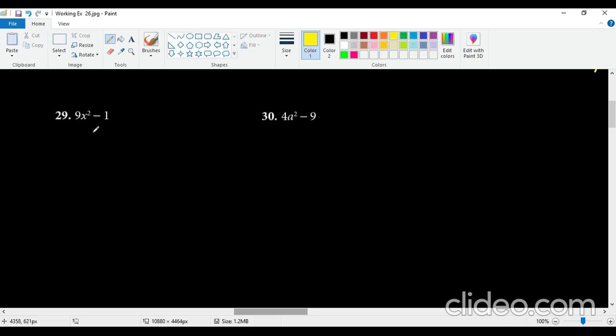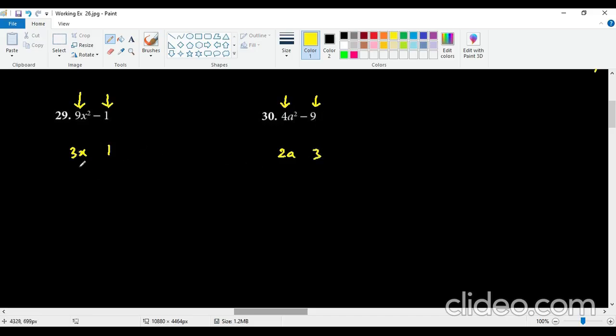Now the trick is that as soon as you see something like this, you should know that this is a perfect square, this is also a perfect square, this is also a perfect square, and this is also a perfect square. Now as soon as you see something like this, you need to get the root of this. Root of 9x square is going to be 3x, and root of 1 is a 1. Now for this question, the root of 4a square is a 2a, and for 9 you have a 3.